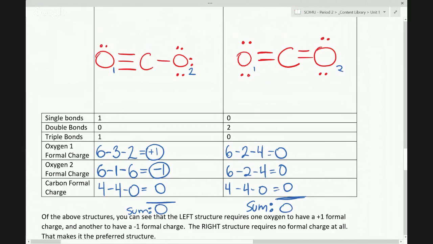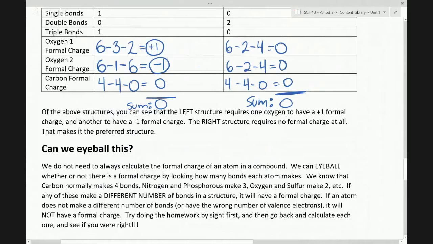So this is the real structure of CO2, the real observed structure, and this is not seen in nature, because the energetically favorable conformation is the one that doesn't require us to have a formal charge.